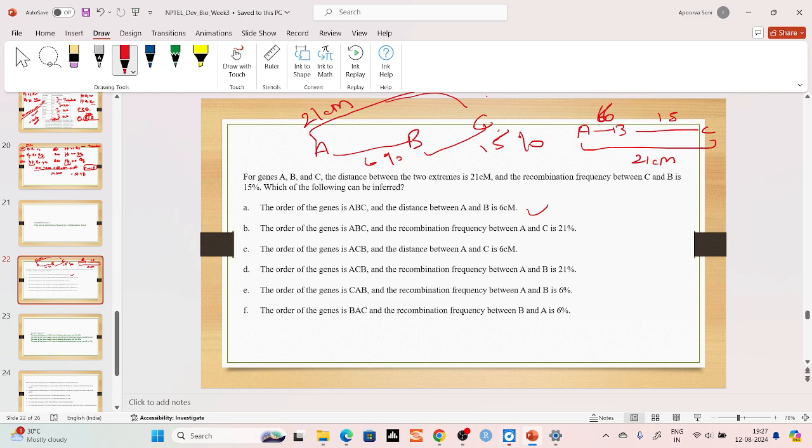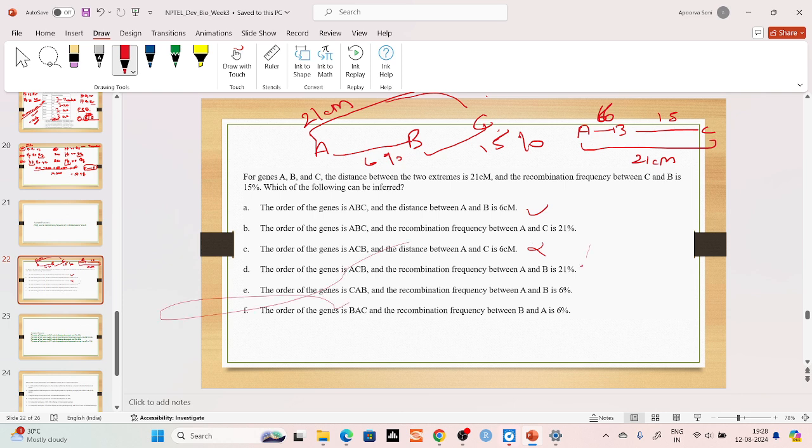So this doesn't look right to me. The order of the gene is ACB and the recombination frequency between A and B is 21%. It doesn't seem very correct to me.